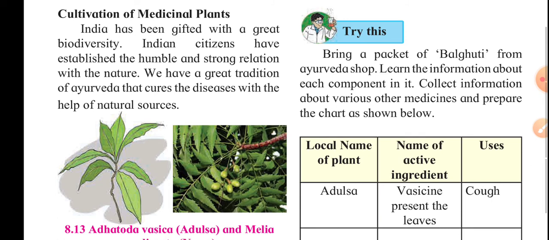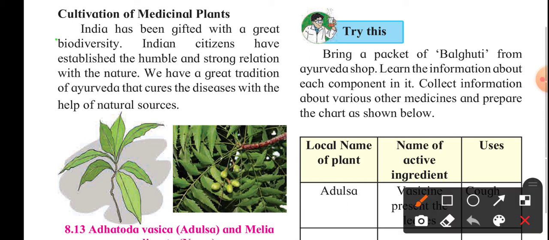The next is the cultivation of medicinal plants. India has been gifted with great biodiversity, and Indian citizens have established a humble and strong relationship with nature. We have a great tradition of Ayurveda that cures diseases with the help of natural sources.